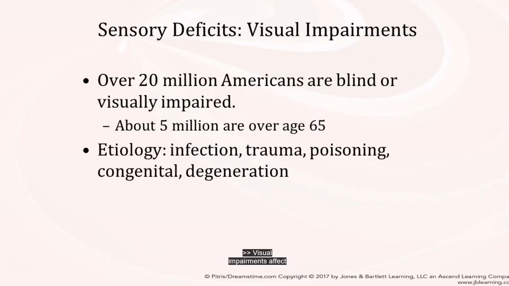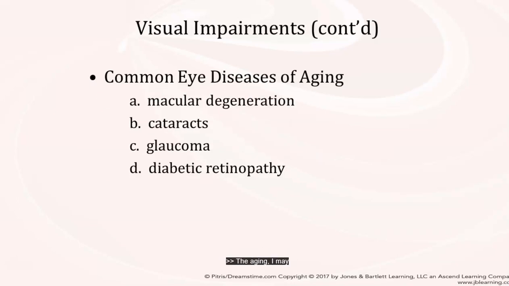Visual impairments affect 20 million Americans and are caused by infection, trauma, disease, aging, and congenital causes. The aging eye may develop macular degeneration, cataracts, glaucoma, or diabetic retinopathy, and examples of each are on page 308 of your text.